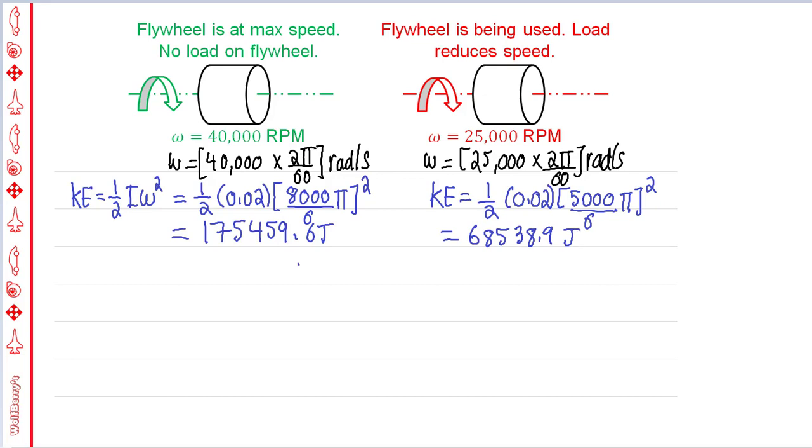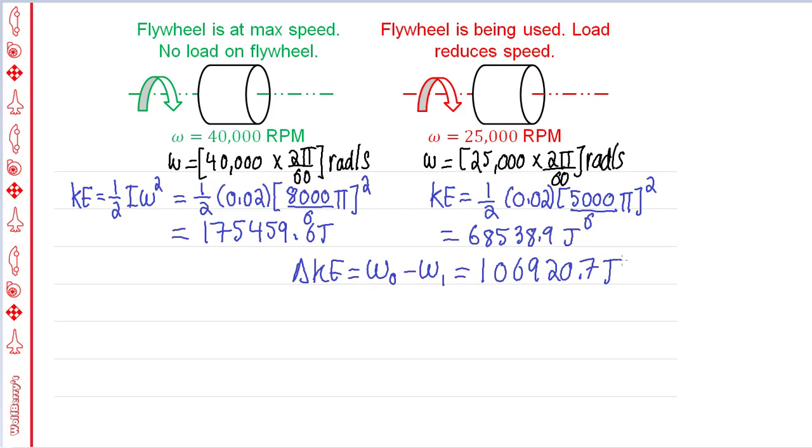So the energy transferred is the change in kinetic energy, which is equal to omega initial, omega naught, minus omega 1, because initially you had higher speed. Subtract these two values from one another, so this minus this gives you a value of 106,920.7 joules. So approximately 106 kilojoules of energy transferred to the car.